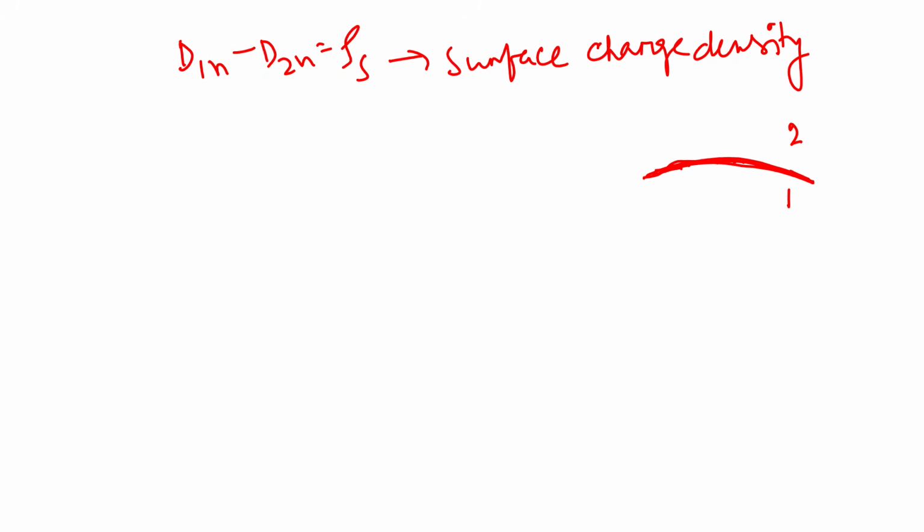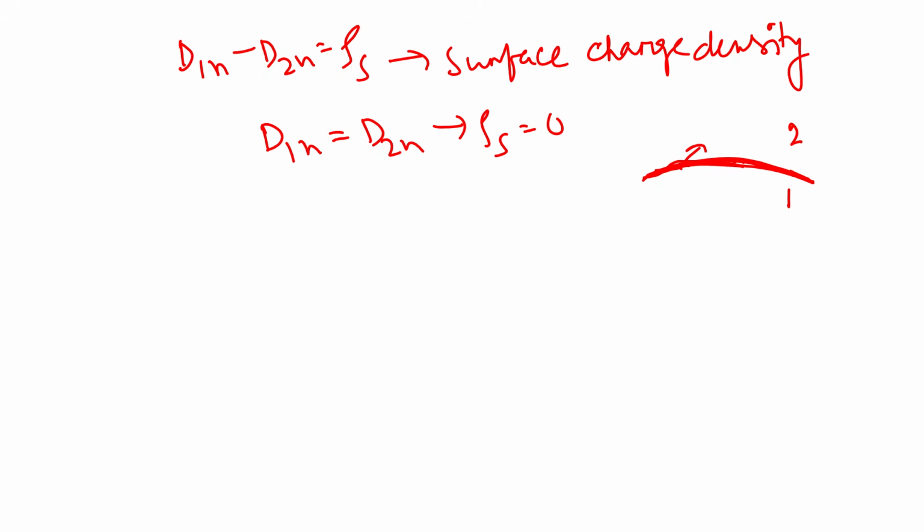If there exists no surface charge at the junction, then D1n will be equal to D2n, when rho s is equal to 0. So this is the condition for normal components of electric flux density. They are continuous at the junction of two different dielectric medium when there is no surface charge present at the boundary between the two mediums.